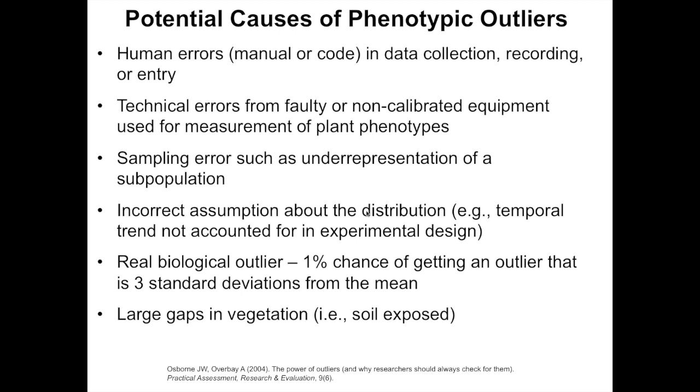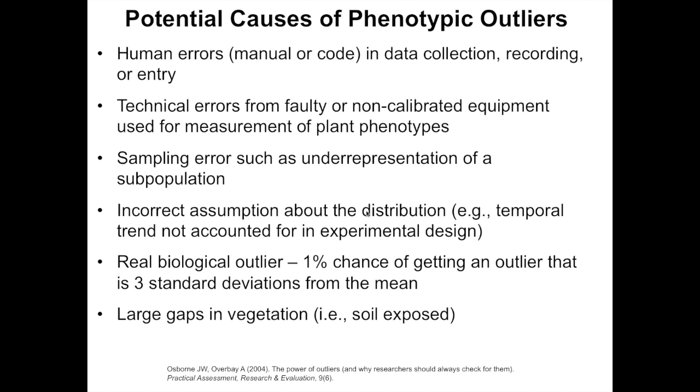There can be technical errors from faulty or non-calibrated equipment used for phenotyping, so it's imperative at the beginning of every season, and even partway through the season, to investigate the quality of your equipment to make sure that it is not faulty and that it is calibrated.